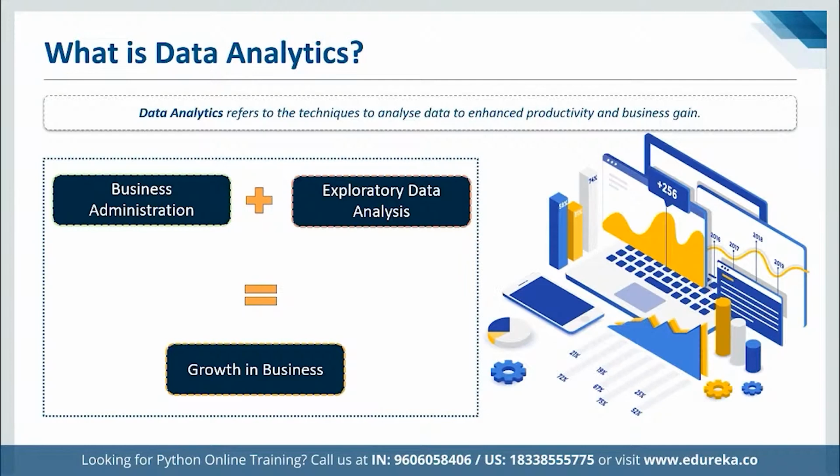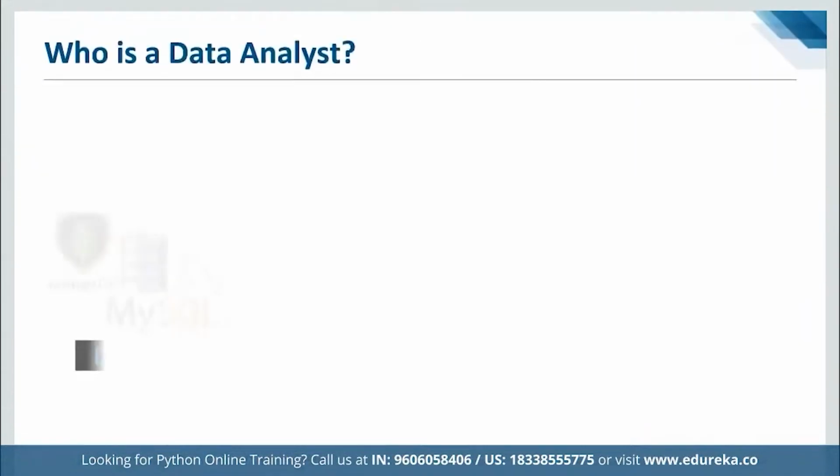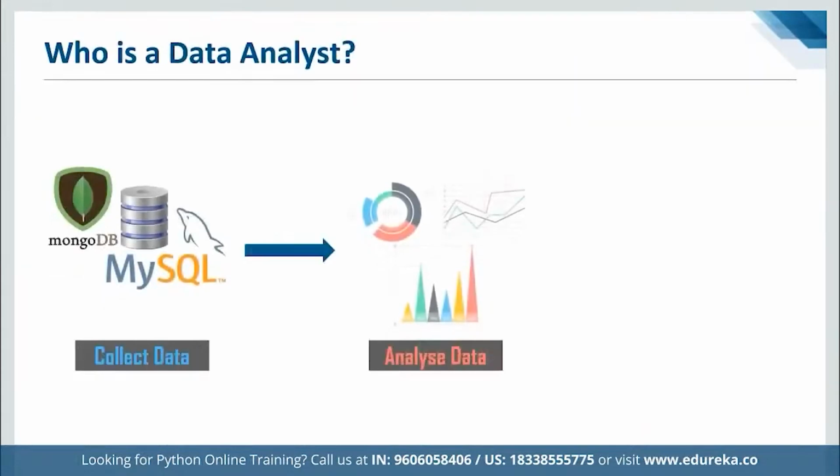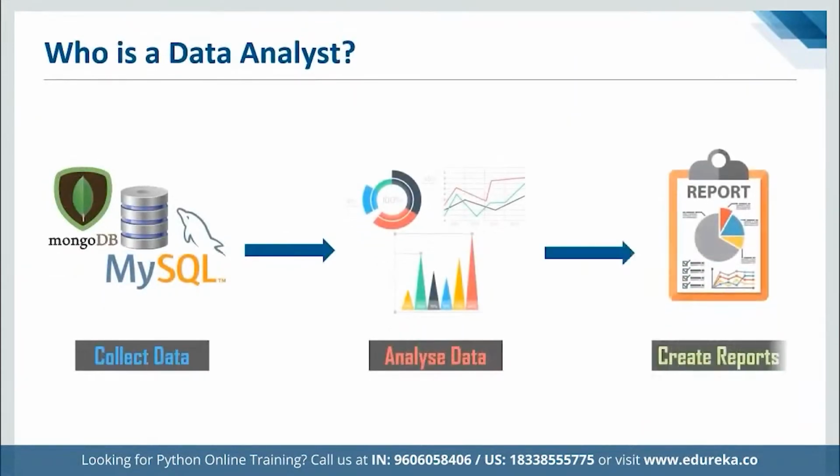So who is a data analyst basically? What are the roles for a data analyst? In the business world, you see business analyst, data scientist, and data engineer. These are the common roles here. Data analyst and business analyst are kind of beginner roles where they know about the data, they know SQL, they know the relational database, how to access it, and how to manage and manipulate the data.